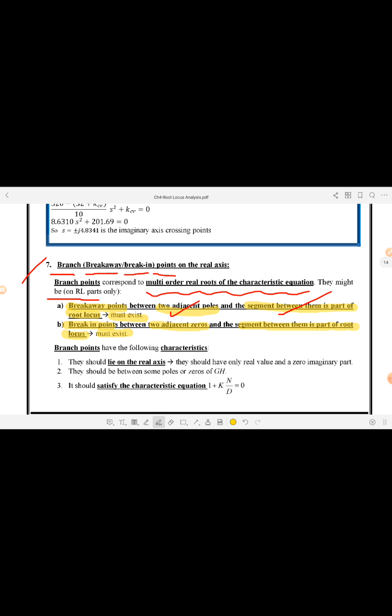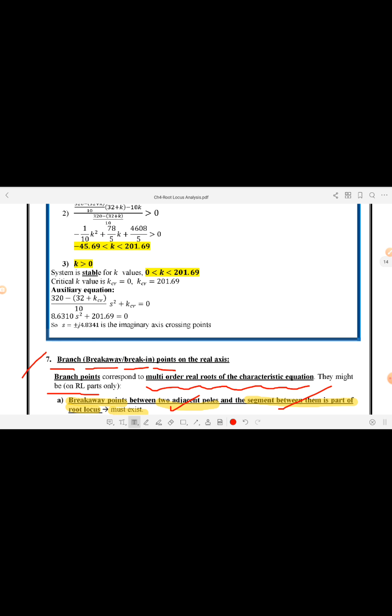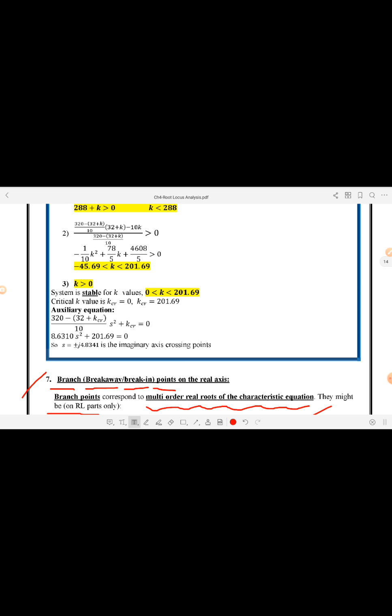I will describe this using this sketch. Assume that we have here two real poles and here two real zeros.